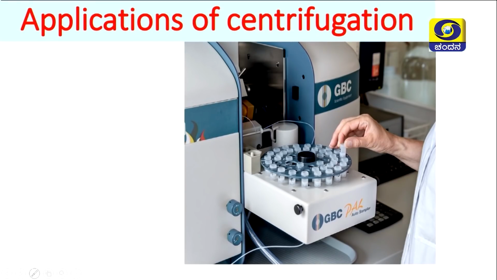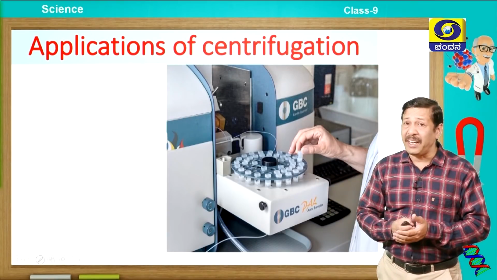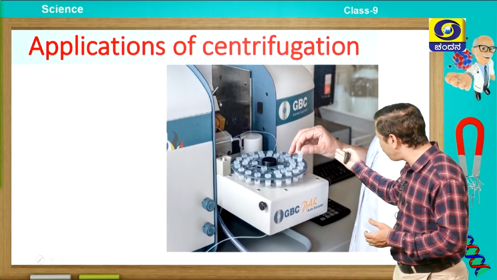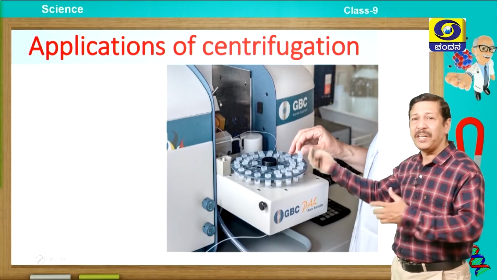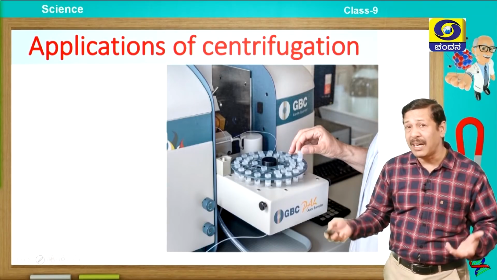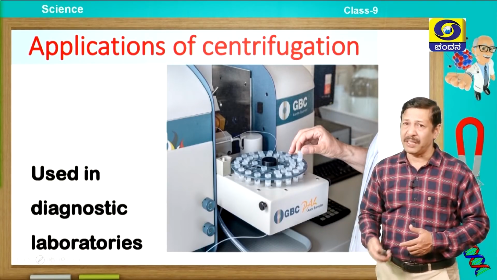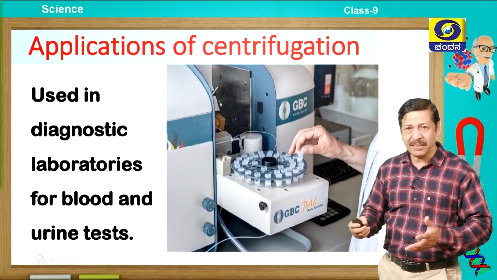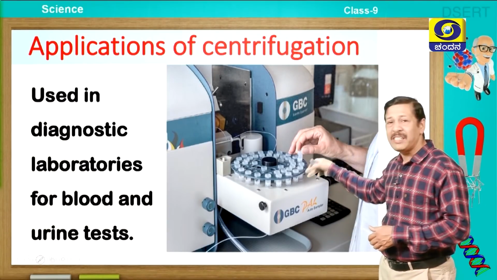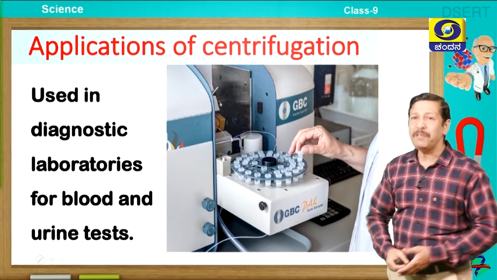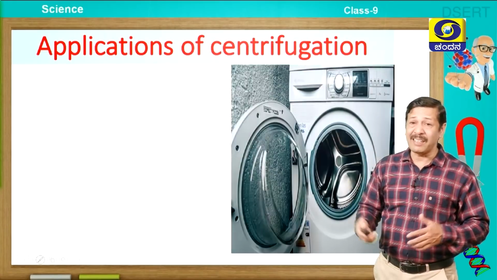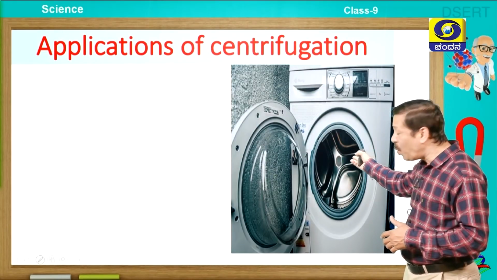This is a very useful technique, widely used in where? You are seeing this is the scene of a laboratory. In the laboratory, to separate many components from the blood and also from the urine, this is used, right? Yes. In the blood test and urine test, we are adopting centrifugation. Application of the centrifugation is seen in our home.